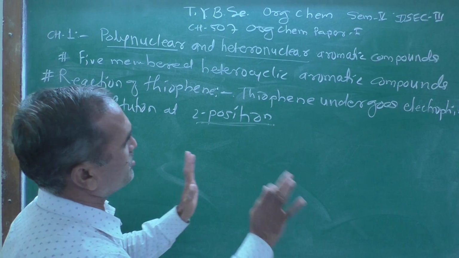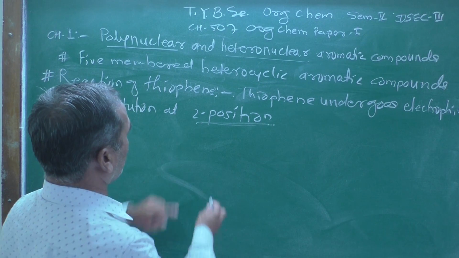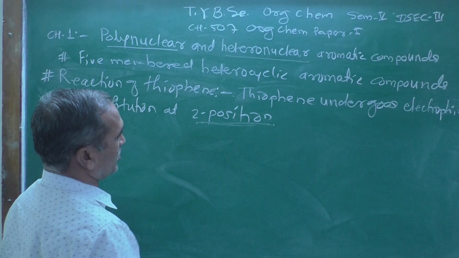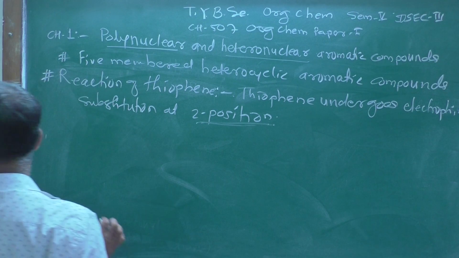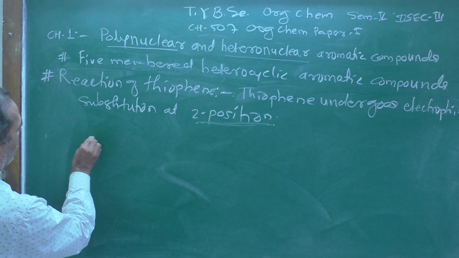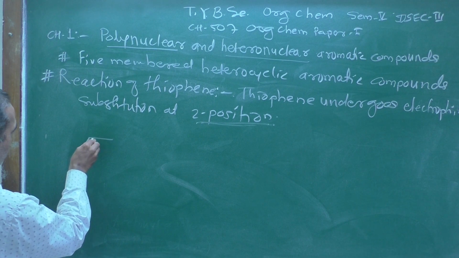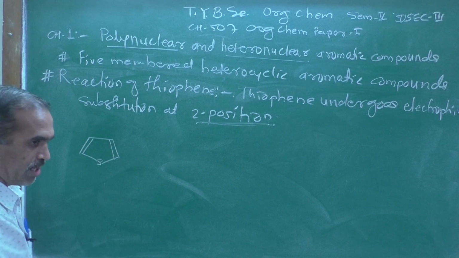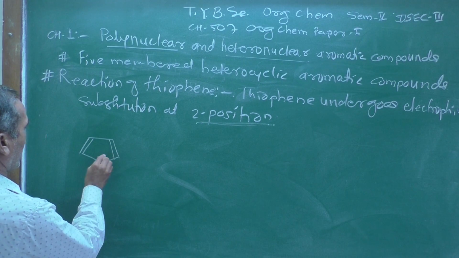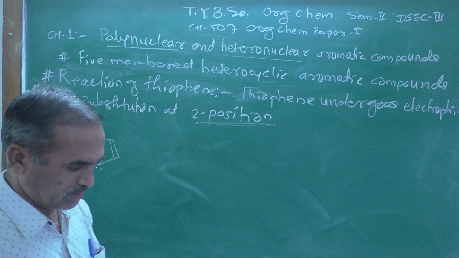Let us see some description regarding why it undergoes electrophilic substitution at 2 position. Everybody knows that the structure of thiophene is this one, and thiophene has a lone pair on it.